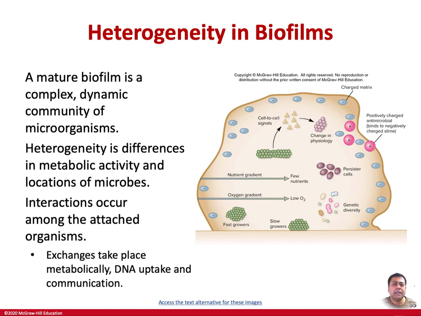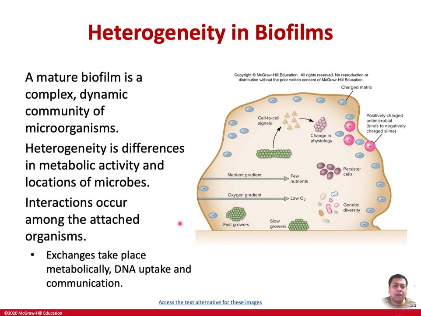The surface of a biofilm is a negatively charged matrix where the positively charged antimicrobials can bind. The biofilm has a nutrient and oxygen gradient, with a high concentration on the outer side. So the outside of the biofilm is negatively charged, and there is a low concentration of this negative charge in the middle. So you have fast-growing species in the outer areas, and there are slow growers in the center.